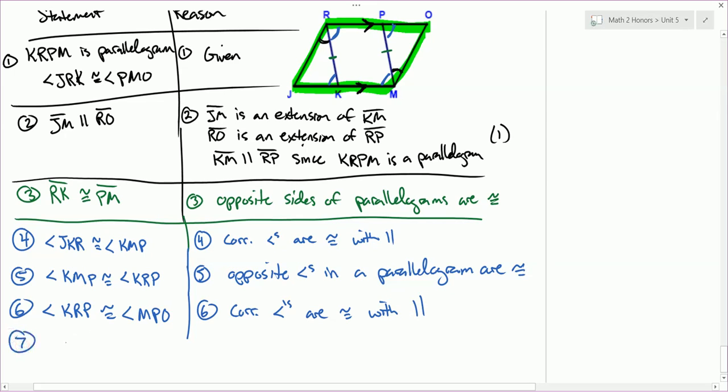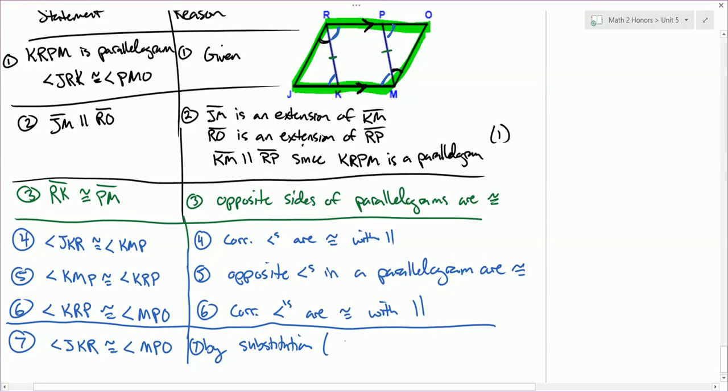And all of this to say that angle JKR is congruent to angle MPO, by substitution. And we're looking at 4, 5, and 6 here to help us with that.